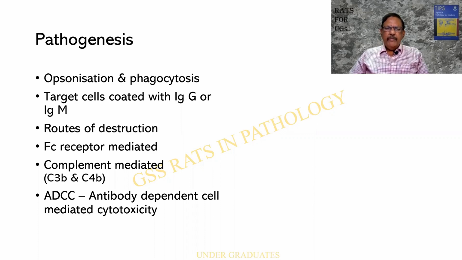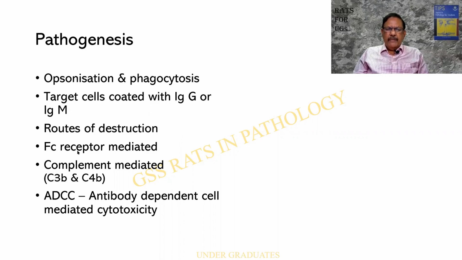It is ready for getting phagocytosed. It is recognized as foreign. The target cells can be coated with IgG or IgM. They are the antibodies. After which there are different routes of destruction, which I shall be explaining.